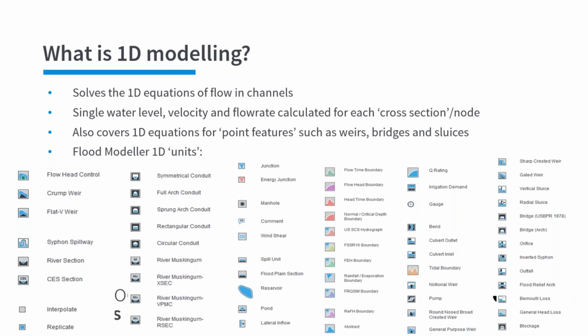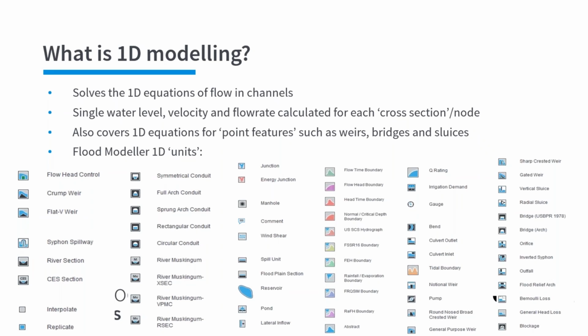Now, there's a whole host of these 1D point features that are useful or necessary when you're doing modelling. On the screen at the moment is an example of the 1D point features that are in the Flood Modeller software, which is the software from Jacobs.